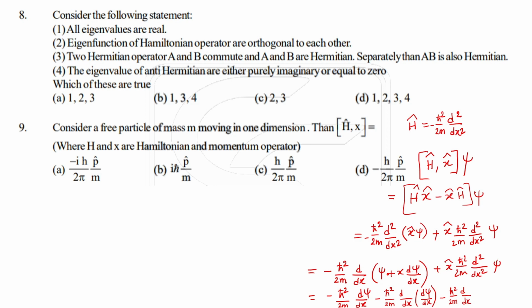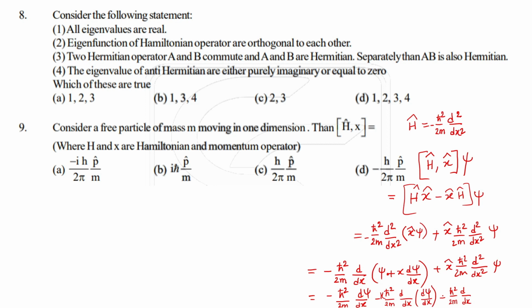Now, did I do the right thing? No. Somewhere I have made a mistake. Here x is outside, okay. Then I could write it like this, because x is now constant. I am taking the derivative of d psi by dx.